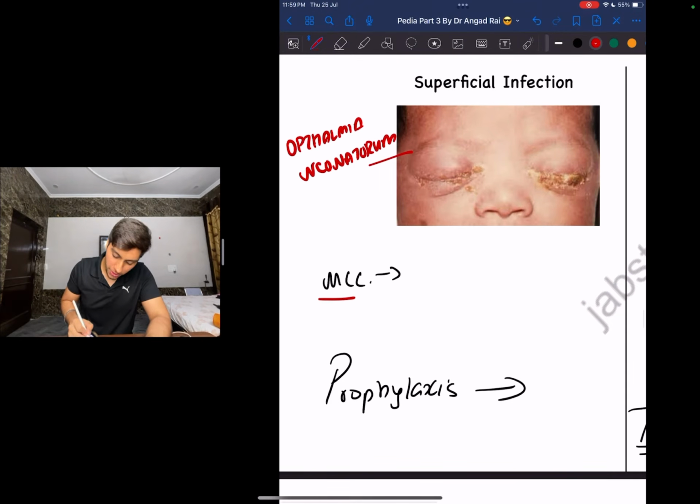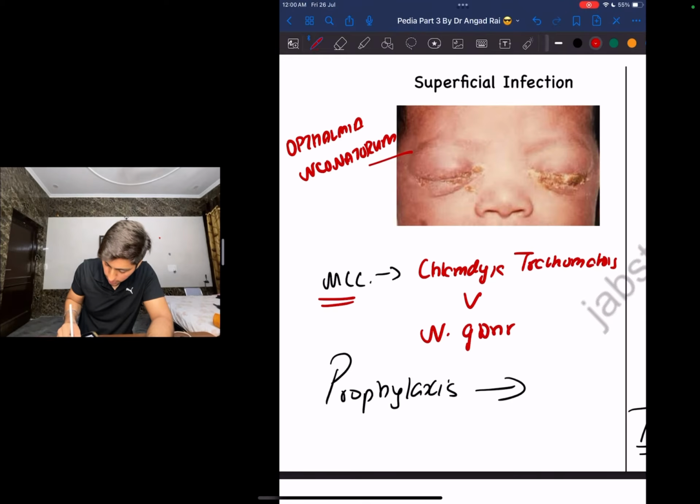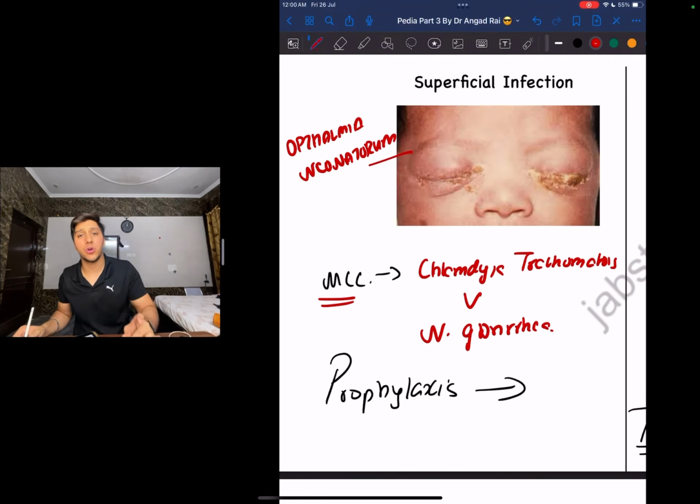The most common cause is going to be Chlamydia trachomatis, over Neisseria gonorrhoeae. So the most common cause is Chlamydia trachomatis, and the second most common is going to be Neisseria gonorrhoeae.